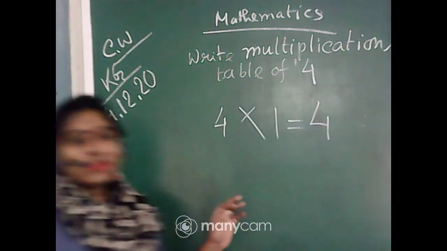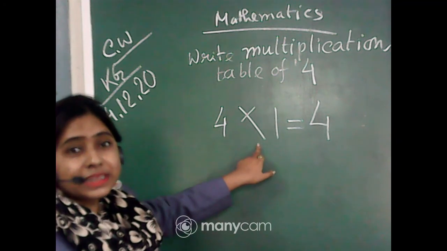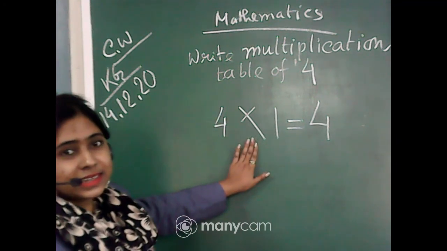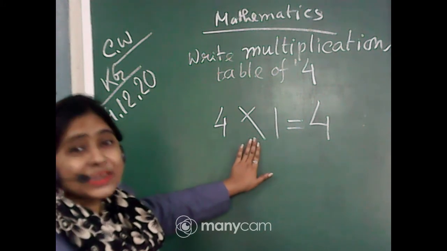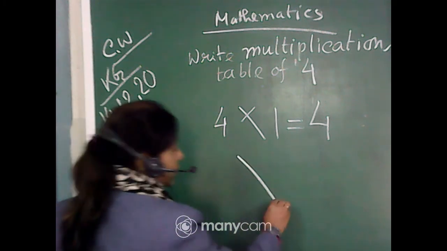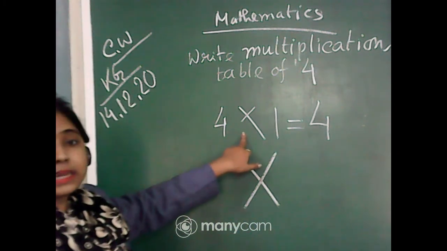And Priyam, one more thing, this multiplication sign is not correct. এটা neat and clean নয়, এটা হচ্ছে incorrect, because the multiplication sign is like this, because I have written like this.